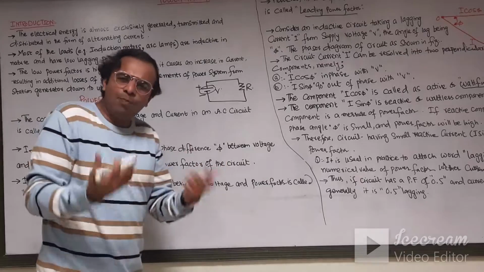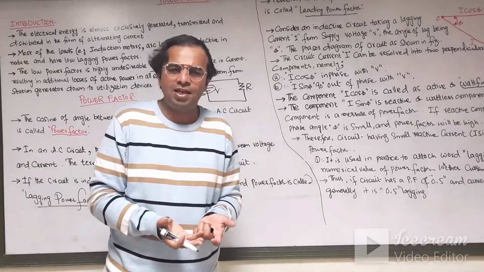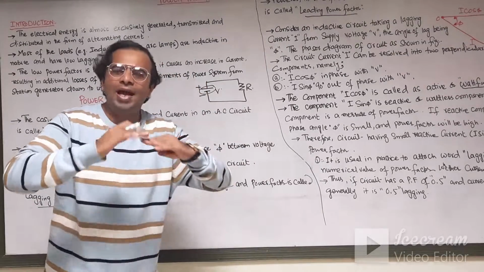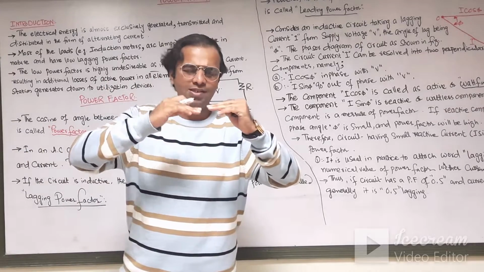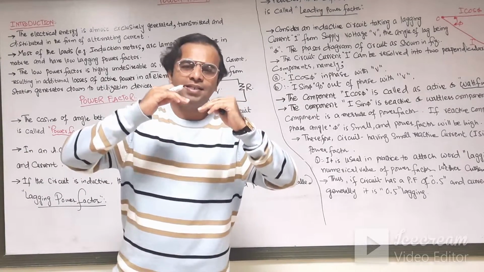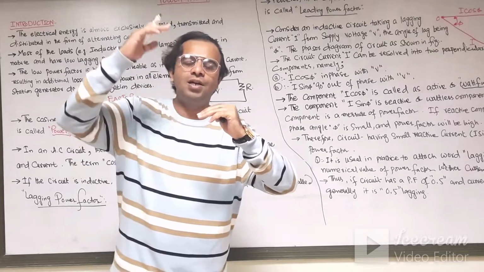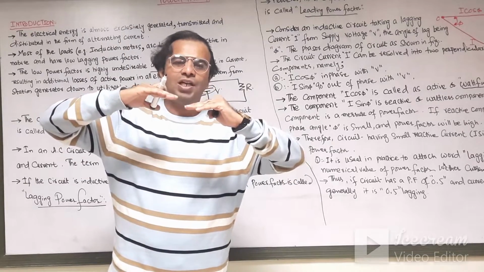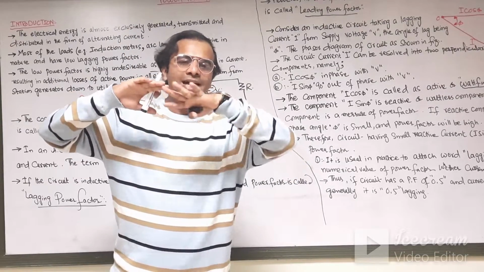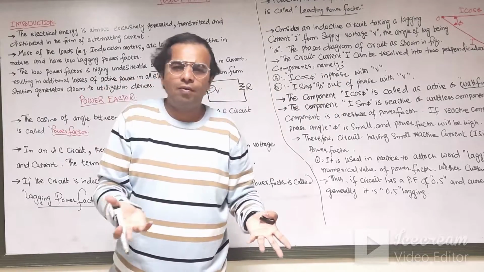Now if you find the power in a DC circuit, there is no angle between the voltage and current, because in a DC supply there are no alternations. The voltage and current waveforms both have one direction, so there will be no angle.